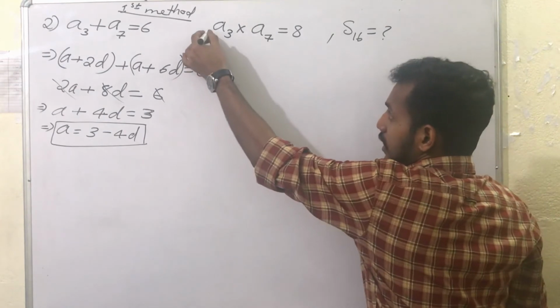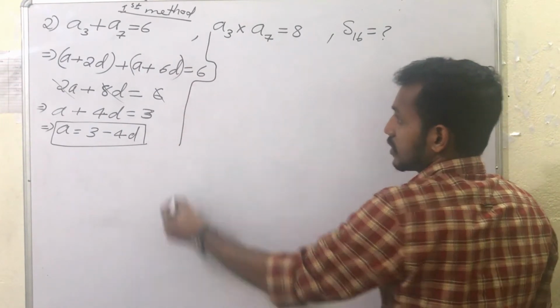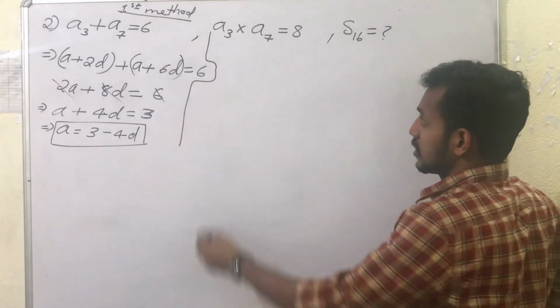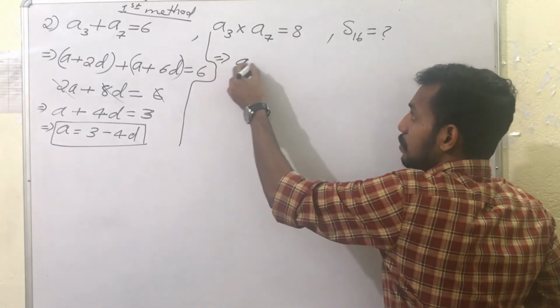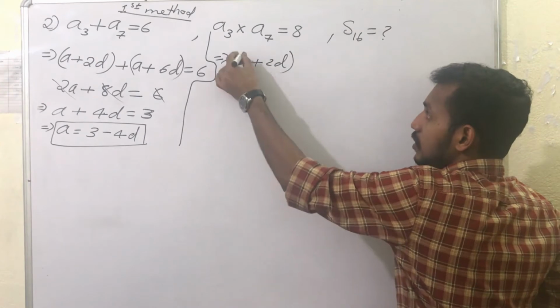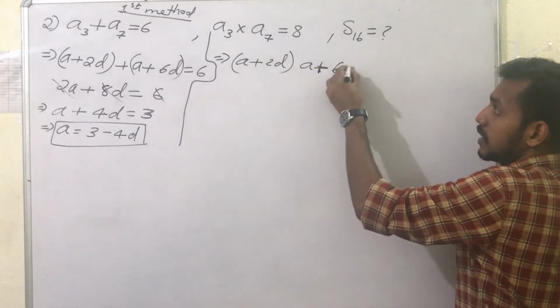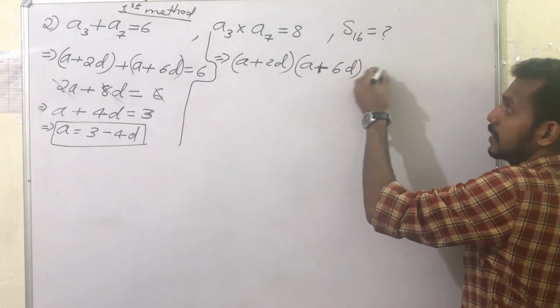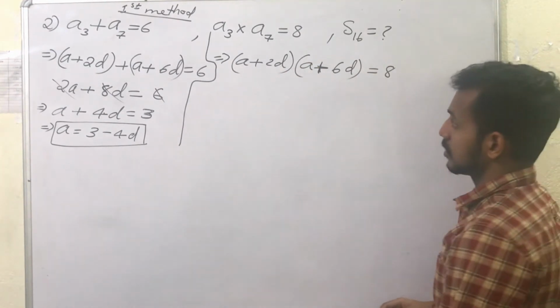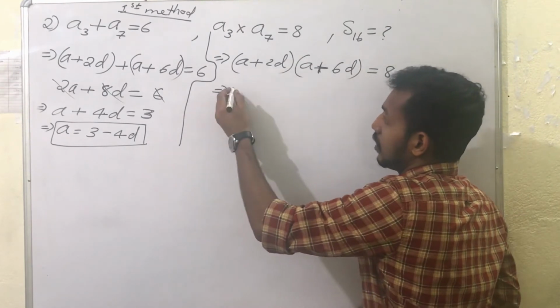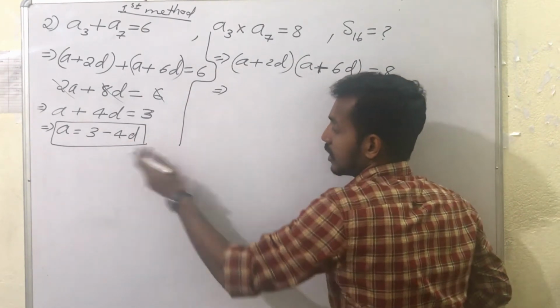Now come to the second condition given in the question, that is A3 into A7 is equal to 8. That implies (A plus 2D) into (A plus 6D) is equal to 8, the product of these two terms. Substitute the value of A here.